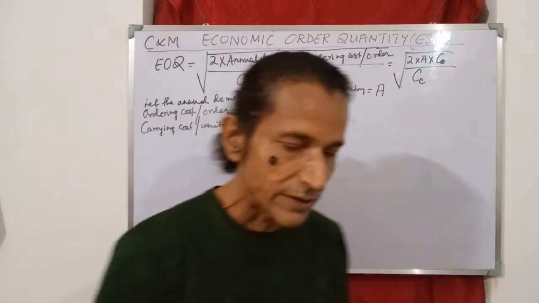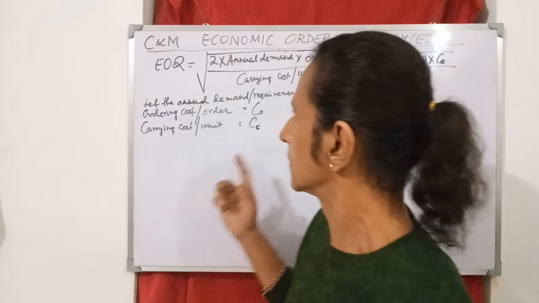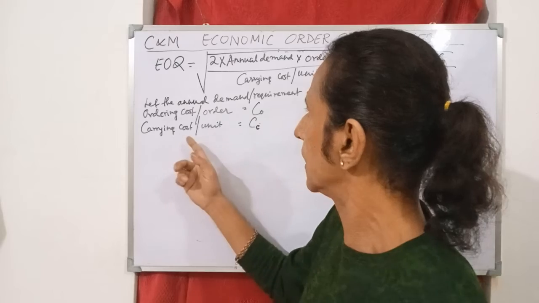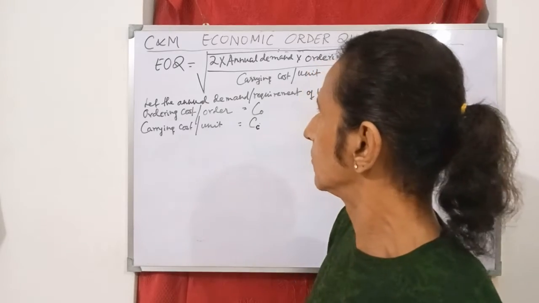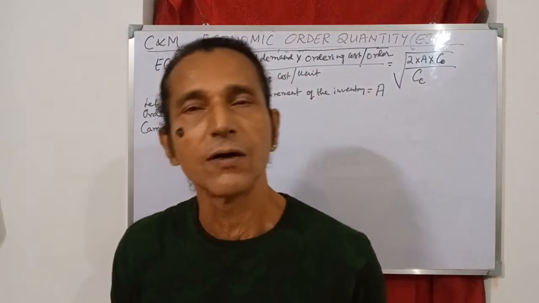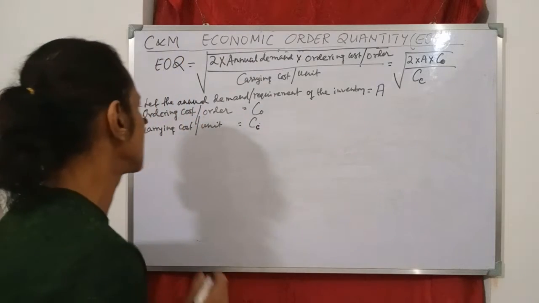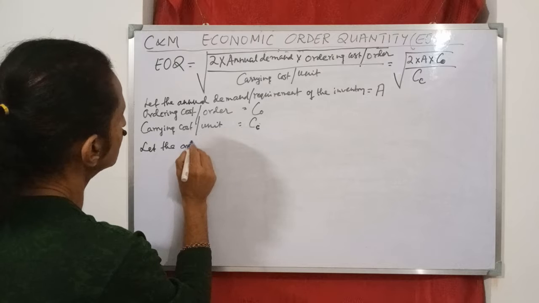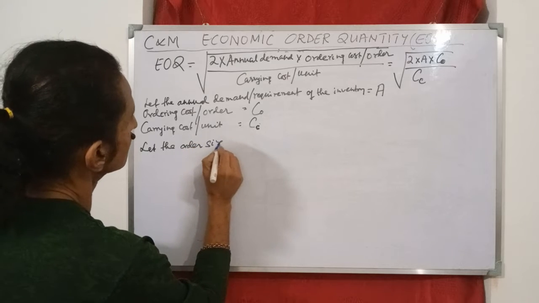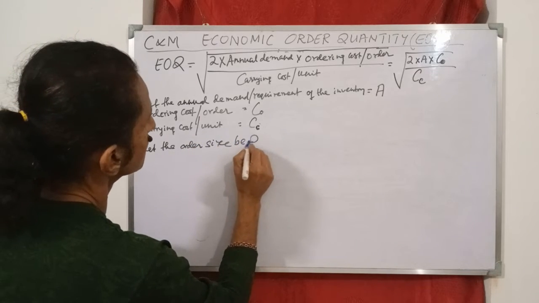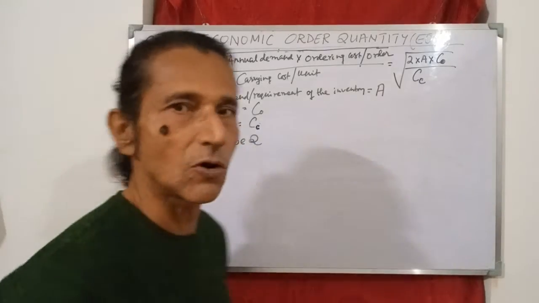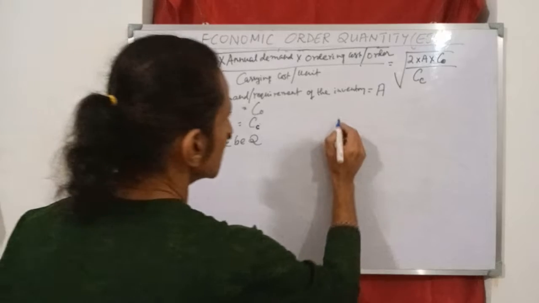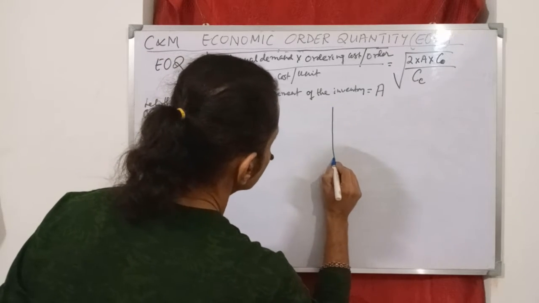Since the annual requirement is A, the ordering cost is C sub O and the carrying cost is C sub C, we have to assume one order size. Let the order size be Q. Now look at this graph carefully.